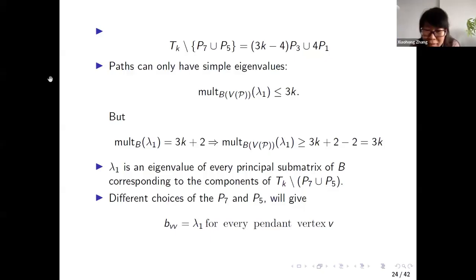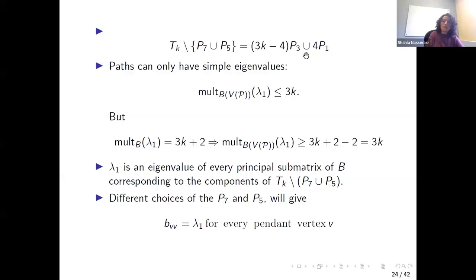Okay, so the multiplicity of λ1 in B is 3k+2. And if we delete 2 paths, using that inequality that we have, the multiplicity of λ1 in the matrix with those paths deleted is going to be 3k+2 minus, since we deleted only 2 paths, minus 2, which is 3k. So the multiplicity is at least 3k in that submatrix.